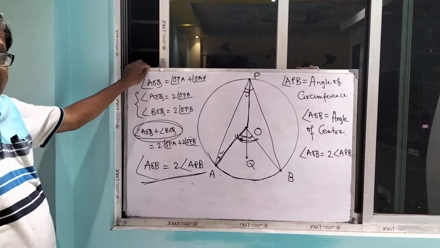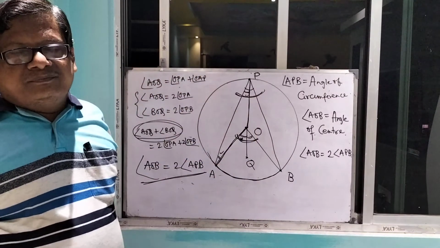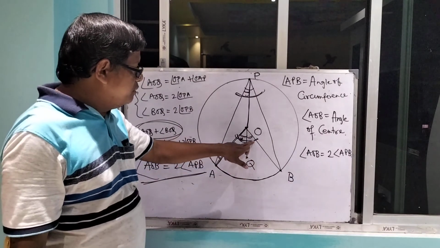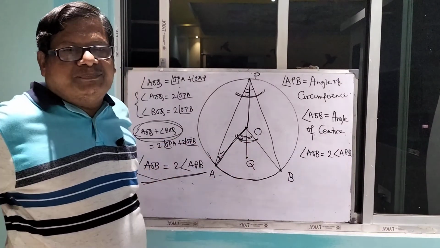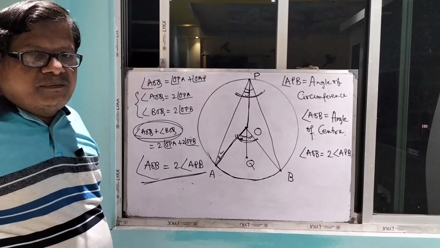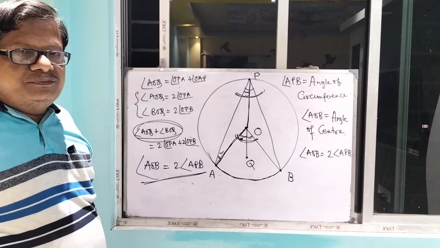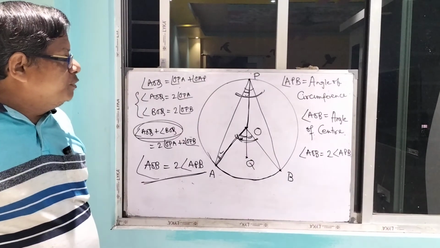Keep in mind, suppose this angle is 30 degrees, then this angle will be 60 degrees. AOB will be 60 degrees. You will get this type of question. Understood? Remember this one.